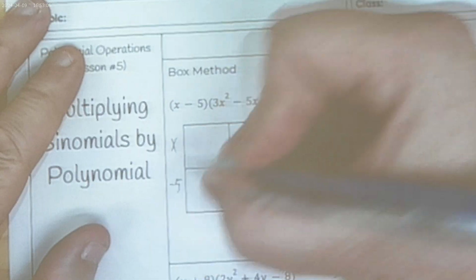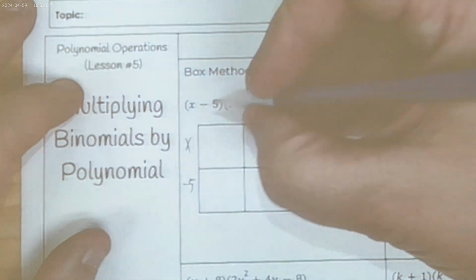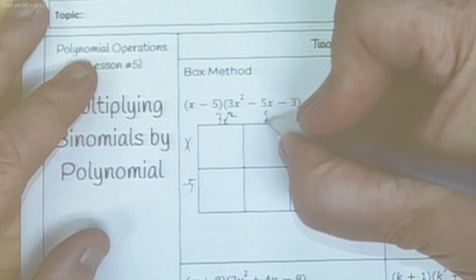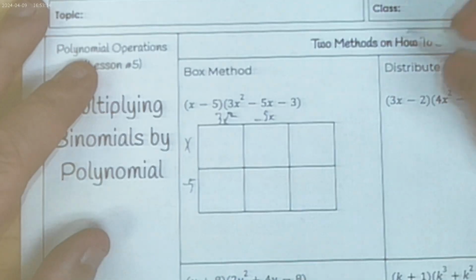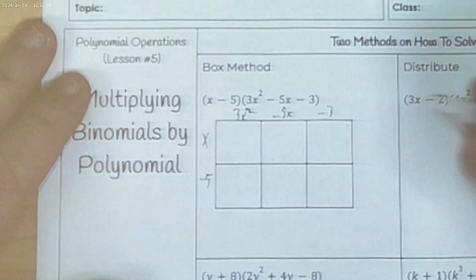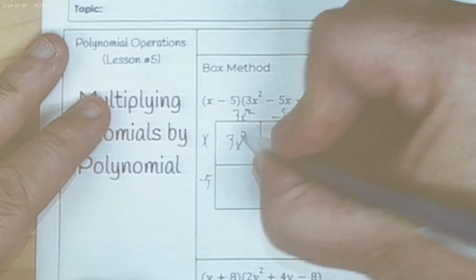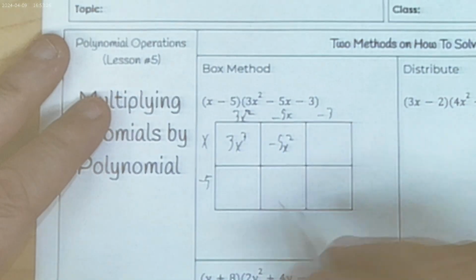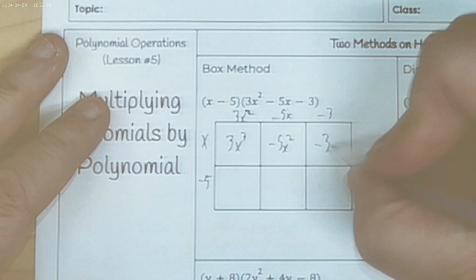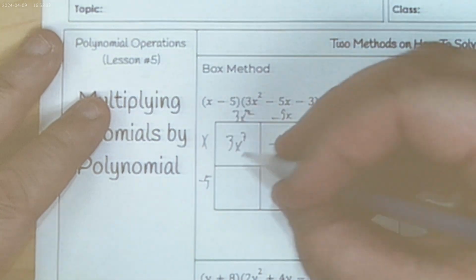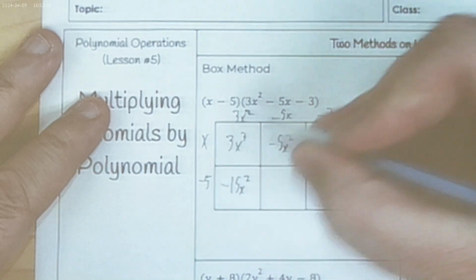So, all right, x, negative 5, get this started. Then I've got 3x squared, negative 5x, minus 3. All right, well, let's get started. So 3x to the third, negative 5x times x is negative 5x squared. Negative 3 times x is negative 3x. Negative 5 times 3x squared is negative 15x squared.